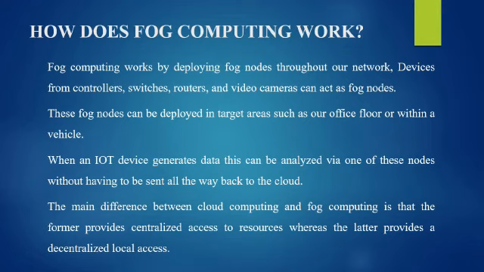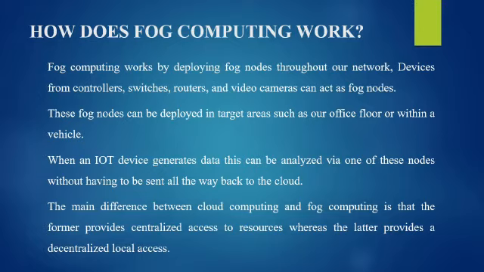How does fog computing work? Fog computing works by deploying fog nodes throughout a network. Devices such as controllers, switches, routers, and video cameras can act as fog nodes. These fog nodes can be deployed in target areas such as our office floor or within a vehicle, as we see in the previous image.